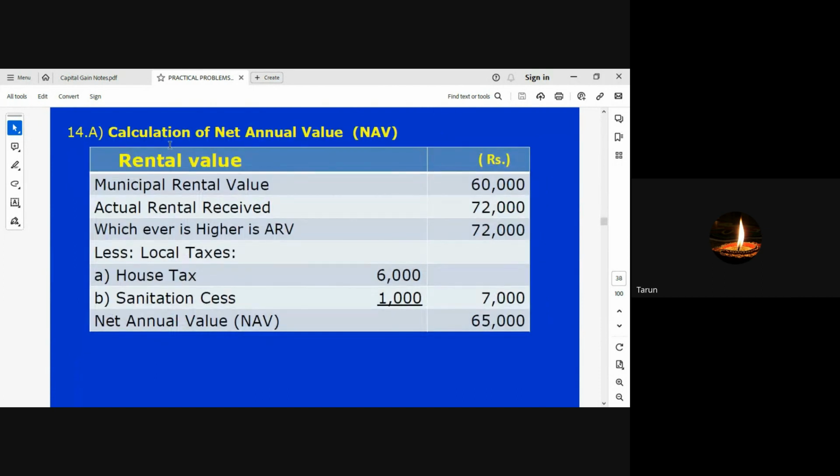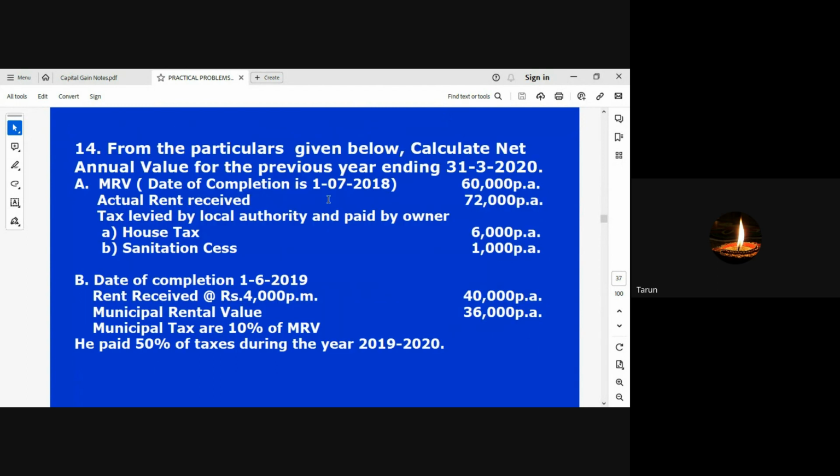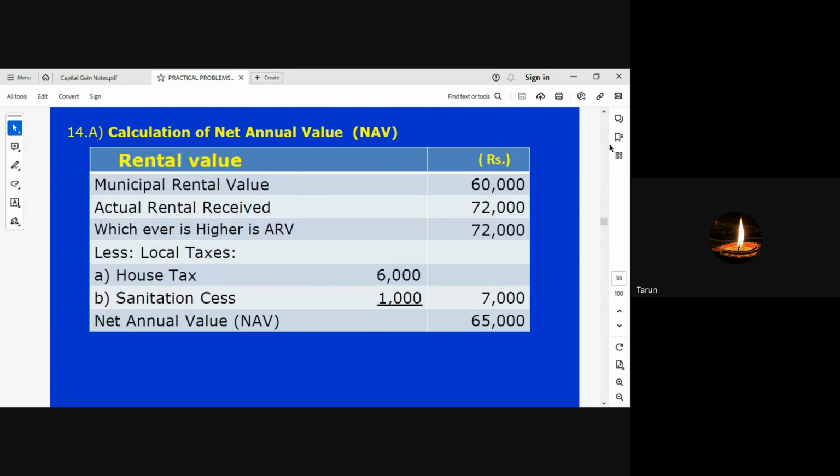Case A: how to calculate the net annual value. MRV is already given to you, that is 60,000 per annum. So the same value, 60,000, will be considered as an annual value.